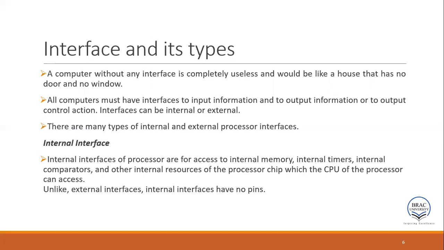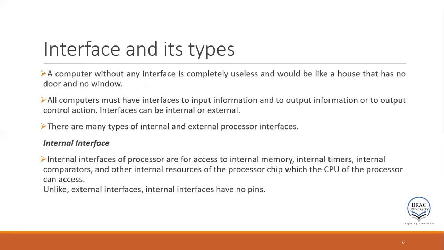There are many types of internal and external processor interfaces. The first one is the internal interface. Internal interfaces of a processor are for access to internal memory, internal timers, internal comparators, or other internal resources of the processor chip, to which the CPU has access.